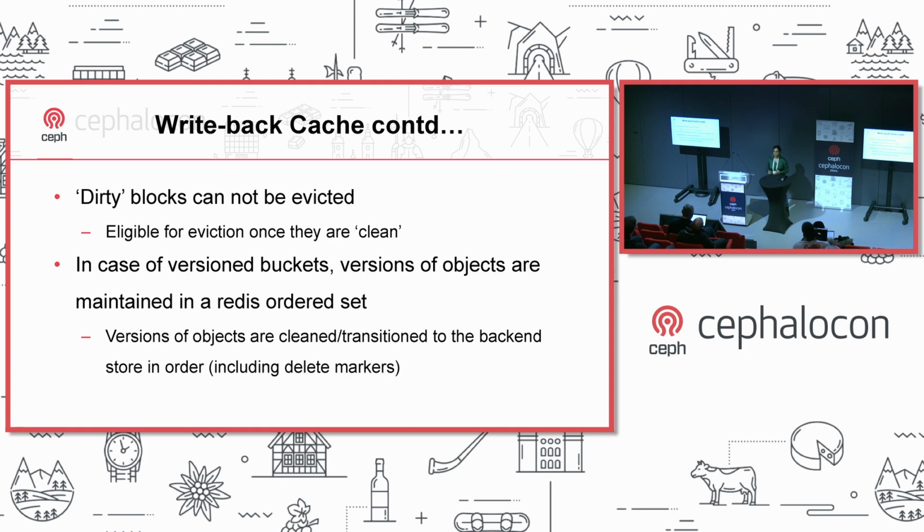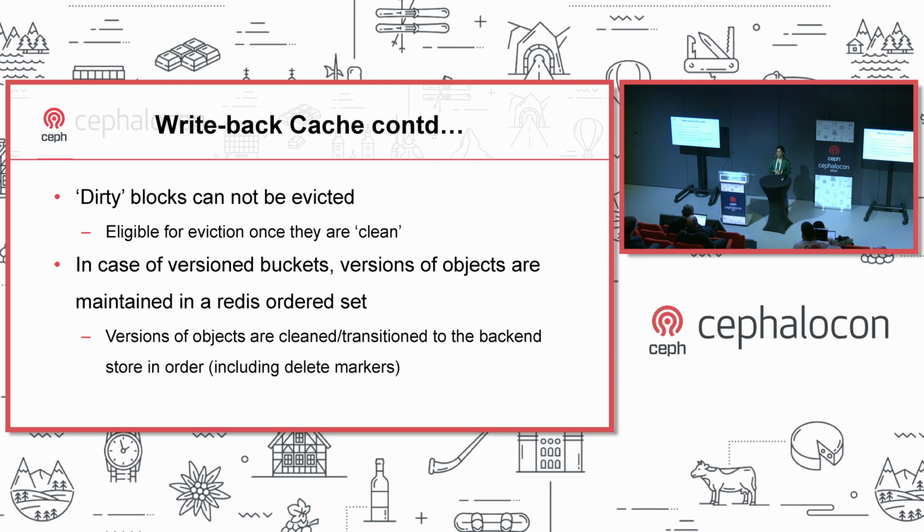In case of versioned buckets, we maintain the order of the versions in a particular data structure called an ordered set in Redis. It's a bit different from the Rados construct here, because in Rados, everything is ordered. But in Redis, things are unordered, so we had to use a secondary index to maintain the versions and then have the hash entries as well and work with these two data structures for versioned buckets.